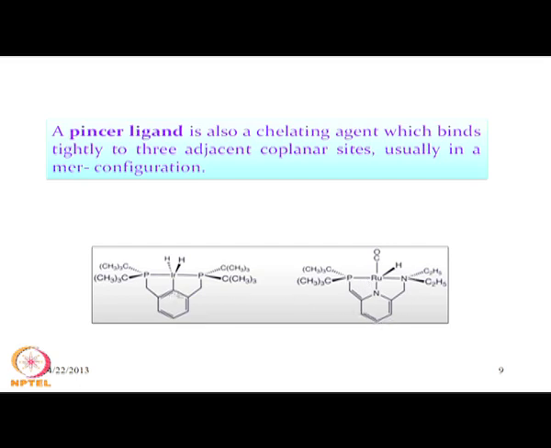Like our terpyridine ligand, which we have seen earlier, which has one pyridine here, a second pyridine here and a third pyridine here. Instead of that, now we can have, in the two ortho positions of the pyridine ring, one as the phosphine donor and another as the nitrogen donor. So, an NN diethyl donor on the right-hand side and a phosphine donor with tertiary butyl groups, which are bulky groups.